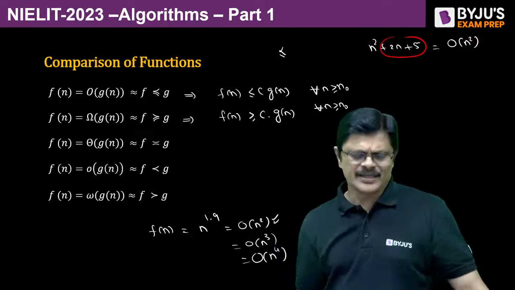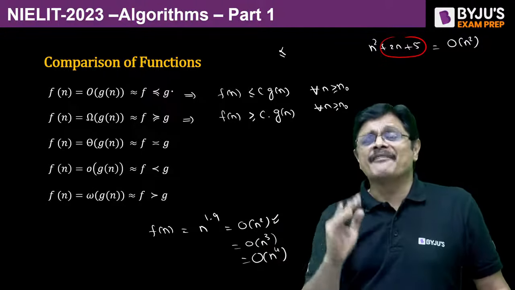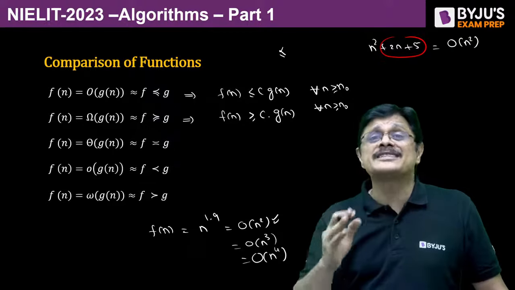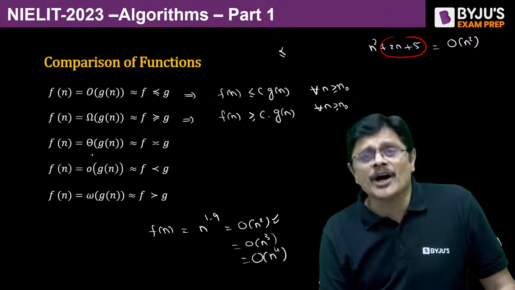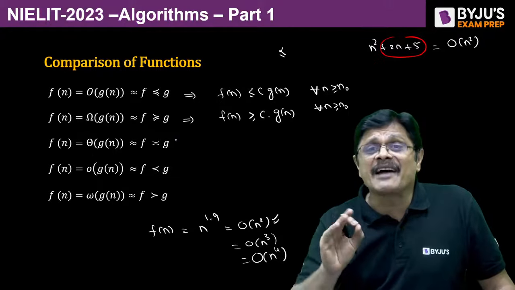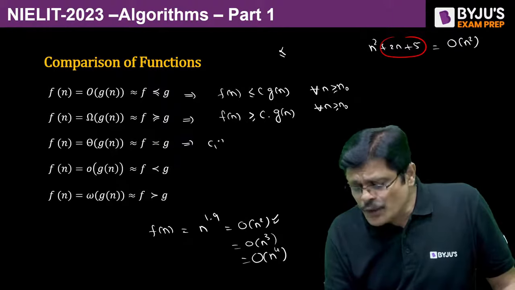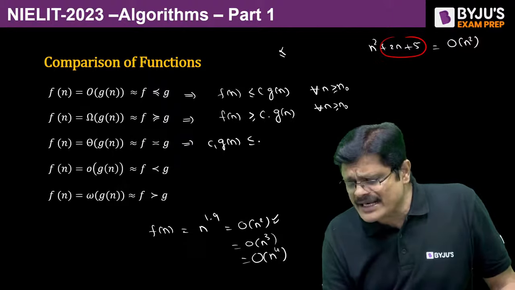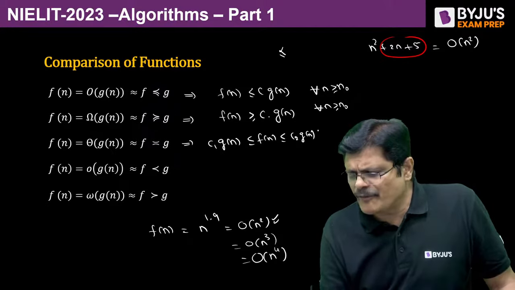So F(n) is big O of G(n) means F is smaller than G. F is big omega of G means F is larger than G asymptotically. And F(n) is theta of G(n) means F and G have the same order of growth; that is, you can find constants C1 and C2 such that this condition is satisfied for large n.